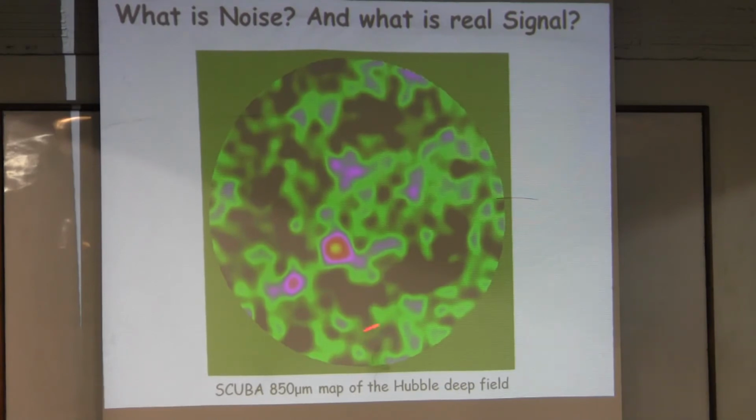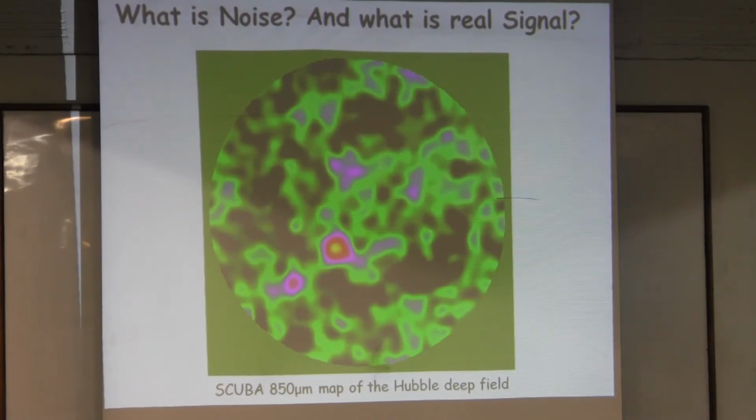But as you already know from Raphael's talk and Elena's talk, there is a lot of re-radiation. The light of the stars gets absorbed by the dust, and the dust gets heated. A lot of the thermal radiation of the dust, at least on galactic scales, comes out at very long wavelengths, and SCUBA is able to detect those wavelengths.